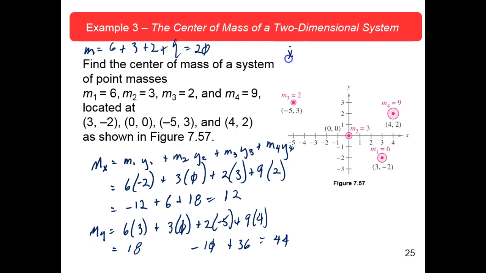The X bar and Y bar. What is your X bar? It's M sub Y over M, which in our case is 44 over 20, which is 2.2.